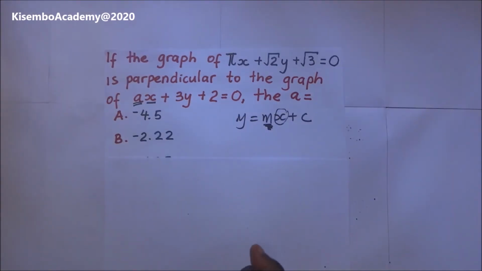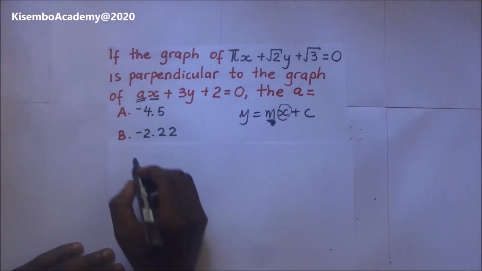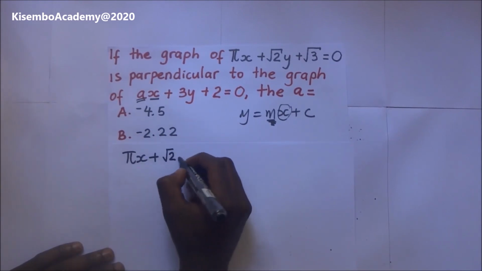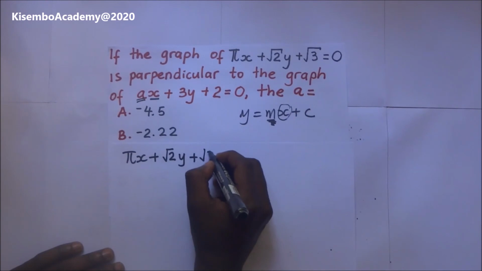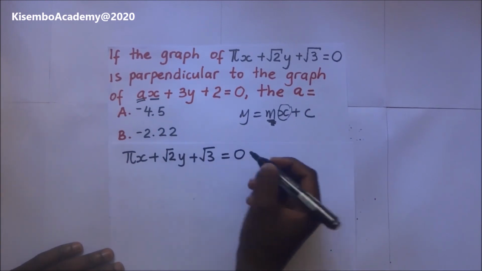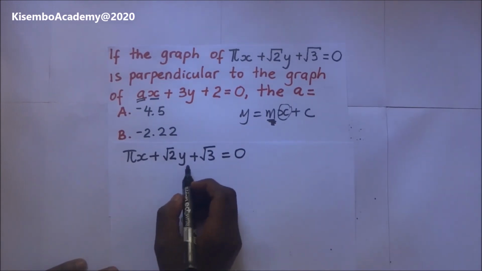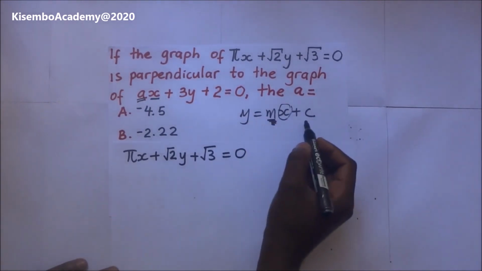So let's get started with the working. So we have pi x plus square root of 2y plus root of 3 is equal to 0. What we're going to do here is make y the subject of the formula so that we convert this equation into the form y is equal to mx plus c.